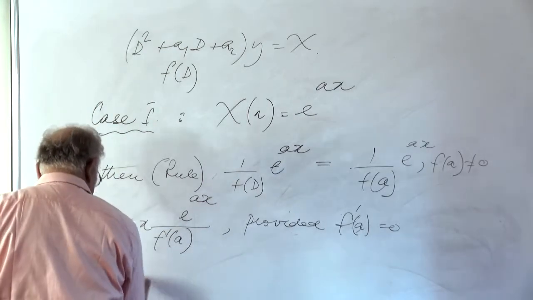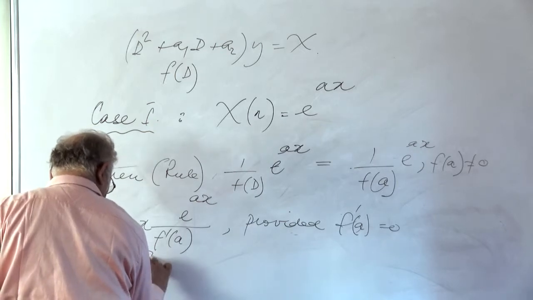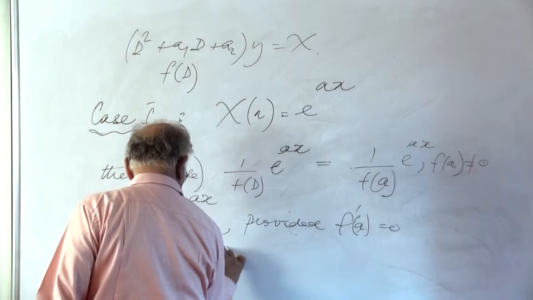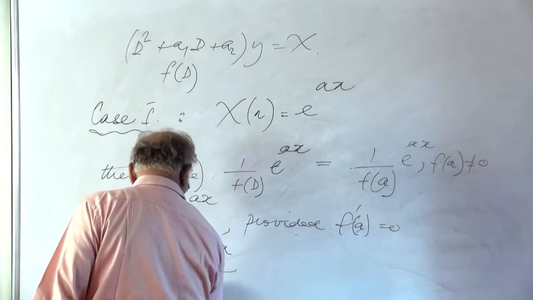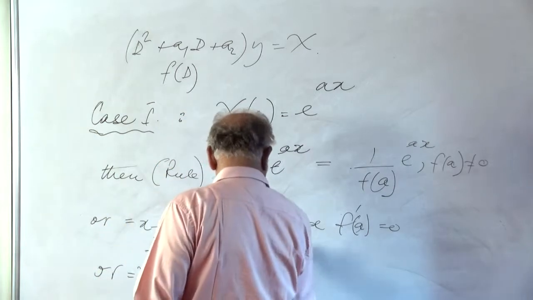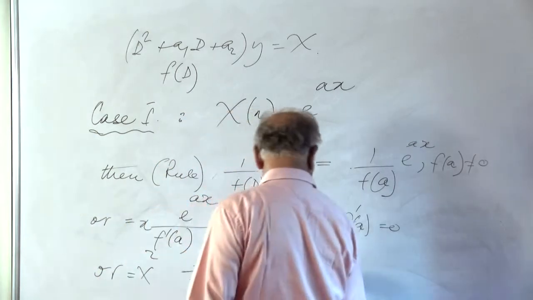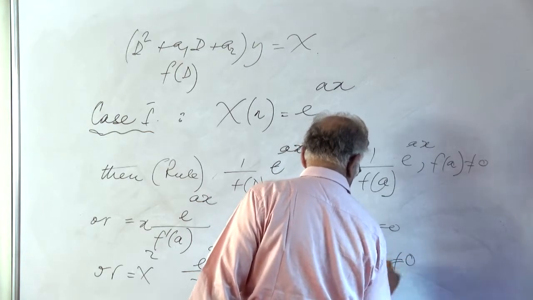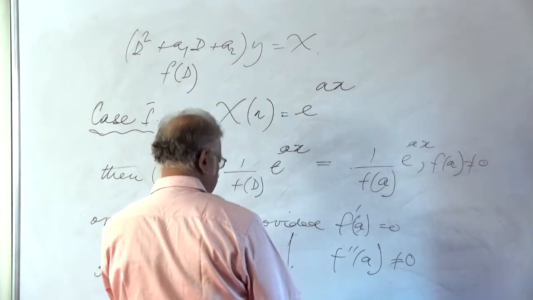So we get x to the power of 2 e to the power of ax divided by f double dash a, again provided f double dash a is not equal to 0.